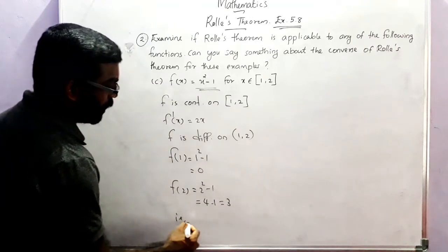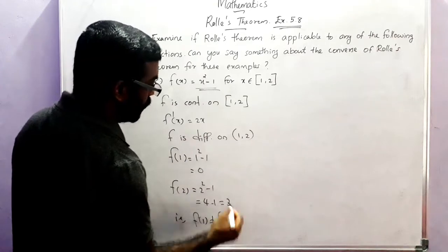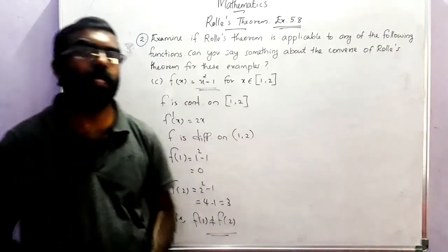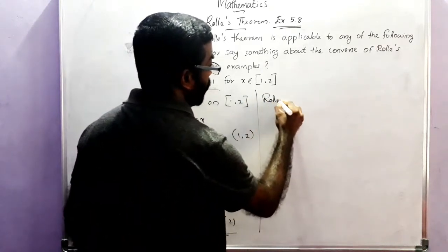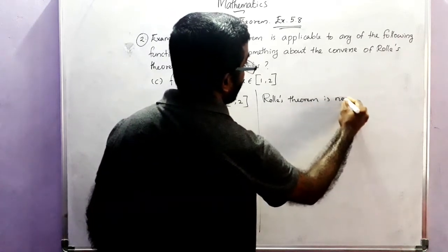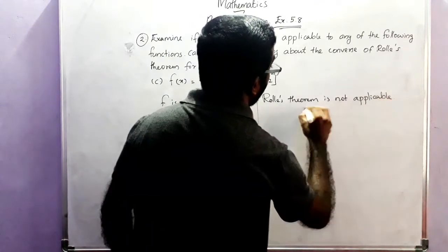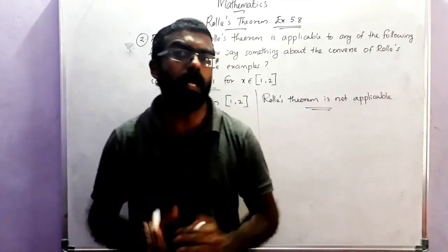That is f of 1 not equal to f of 2. That is f of a not equal to f of b. So Rolle's theorem is not applicable. If all the three conditions are satisfied, then only we have to check the last part.